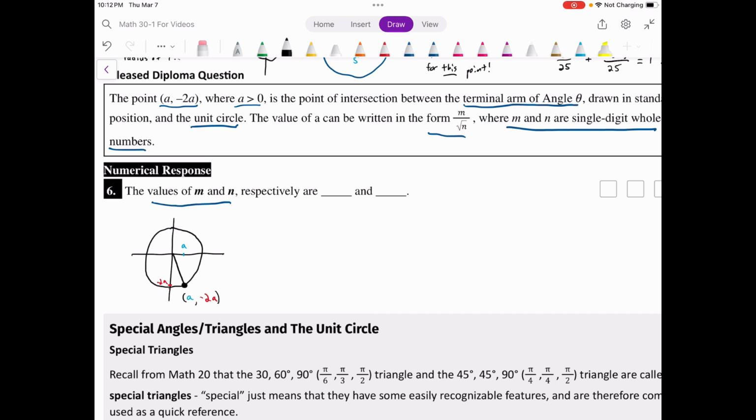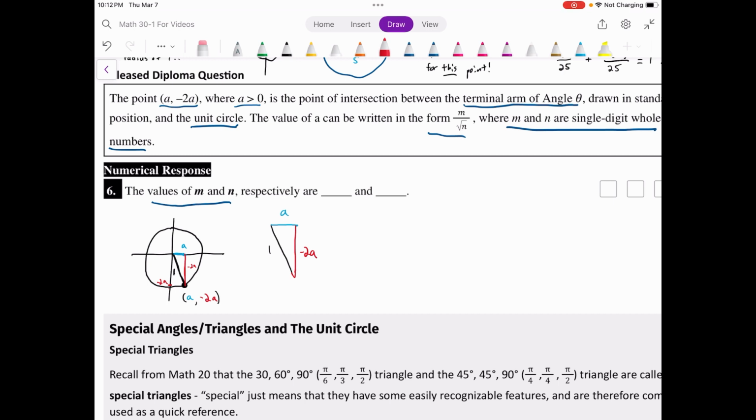We know it's on the unit circle, so we know this radius, this hypotenuse of this reference triangle I'm about to draw, is 1. So the x value is a, the y value is negative 2a. We can just draw a nice little reference triangle here. Okay, so can you see where we're headed? This is looking pretty Pythagorean-y. Like we can solve it with nothing more than the Pythagorean theorem. Do you see what I mean, right?